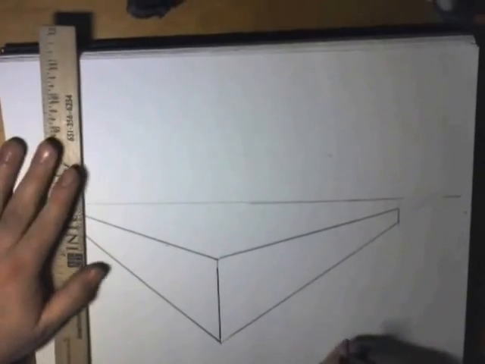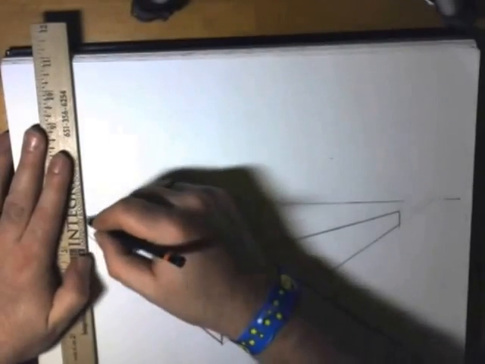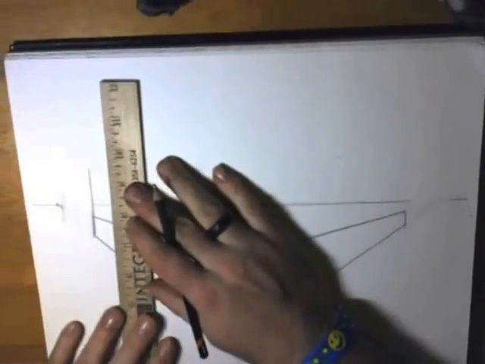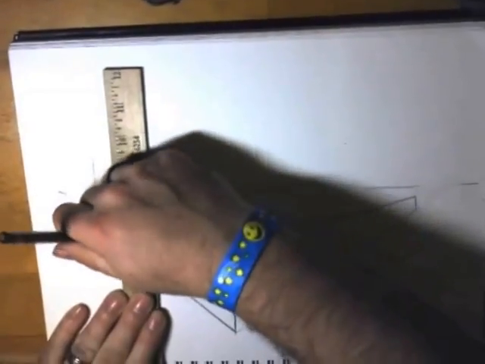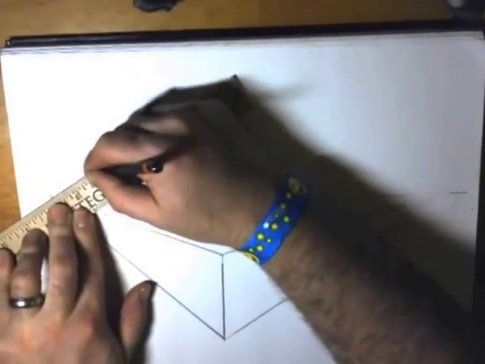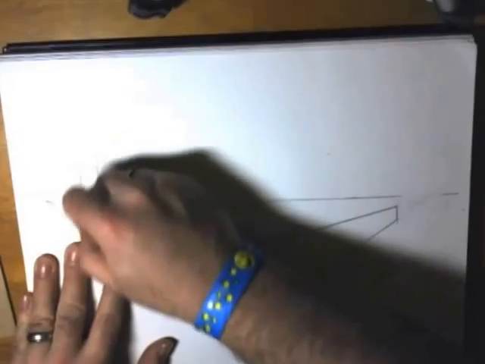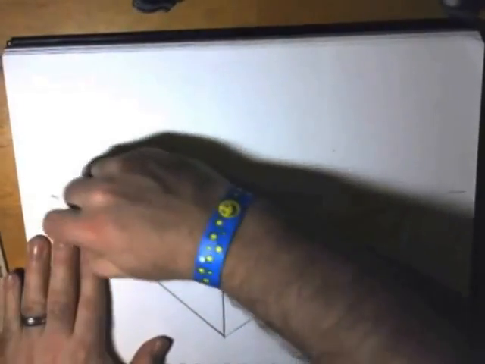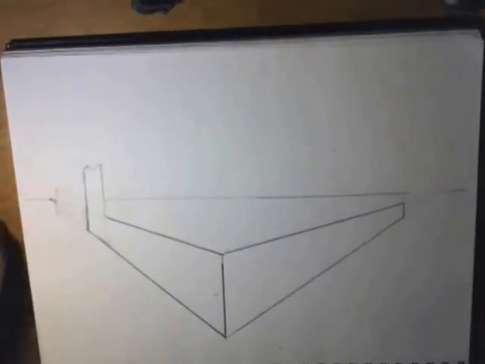That means the part that is parallel to this left wall is going to go to that left vanishing point. The other side of the tower is going to go all the way over to the right vanishing point. That way it'll still line up in 2-point perspective and will create that illusion.